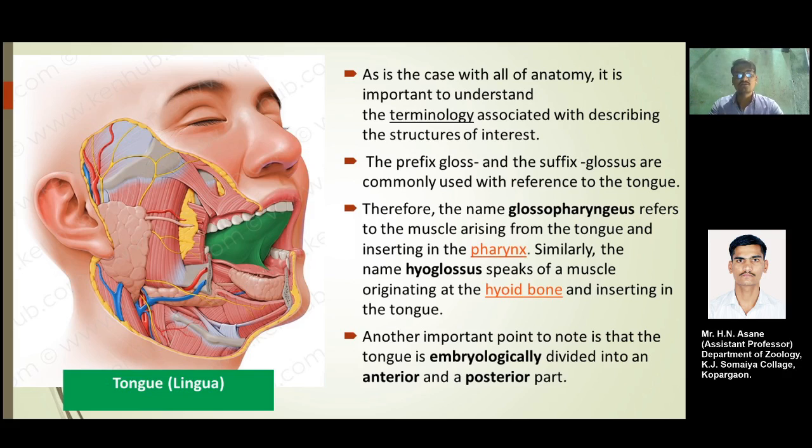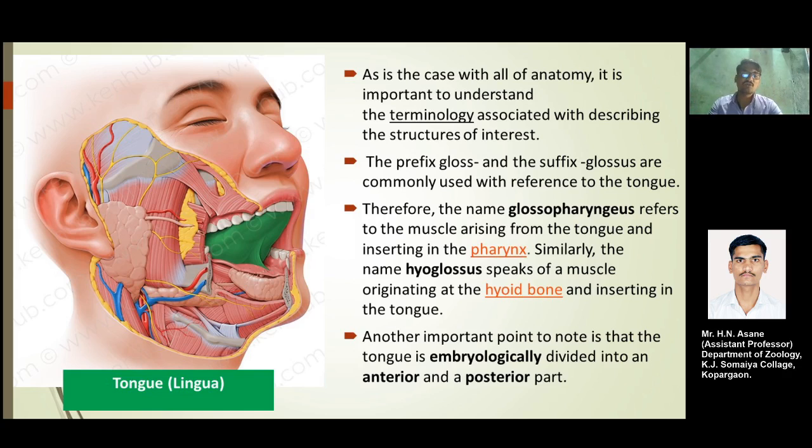Therefore the name glossopharyngeus refers to the muscle arising from the tongue and inserting into the pharynx. Similarly, the name hyoglossus speaks of the muscle originating at the hyoid bone and inserting into the tongue.